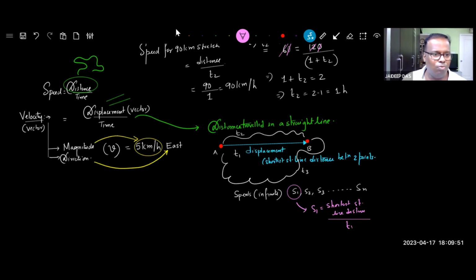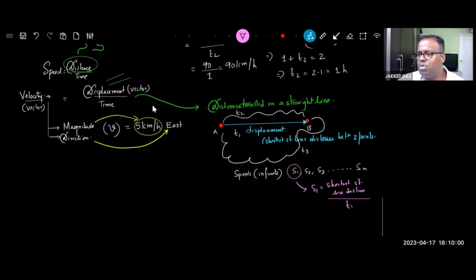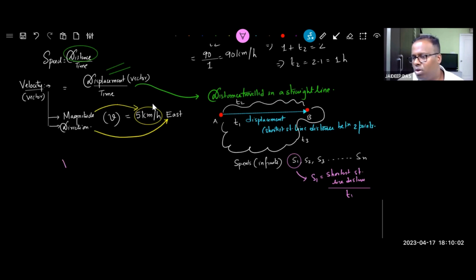Are you understanding? Of all the speeds, there is one speed which is the speed you maintain in order to travel the shortest distance. That means velocity as a quantity can also be said as, what is velocity? It's a special speed. Speed in a defined direction.